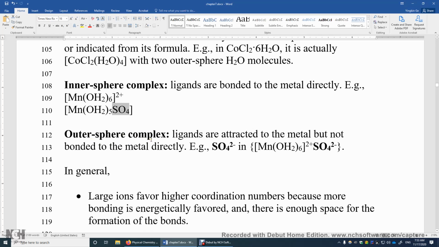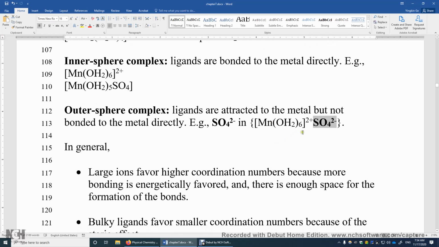Outer sphere complex. So now I want you to look at this formula. In this case, this sulfate is directly bonded to manganese, so it's considered as one of the ligands. But over here, 6 water molecules are bonded to manganese. This sulfate is not bonded to the manganese transition metal center directly.